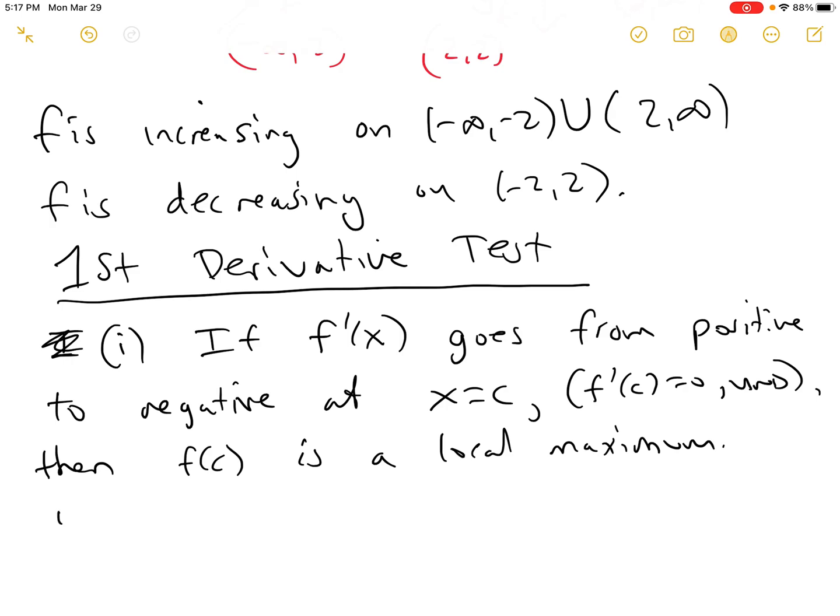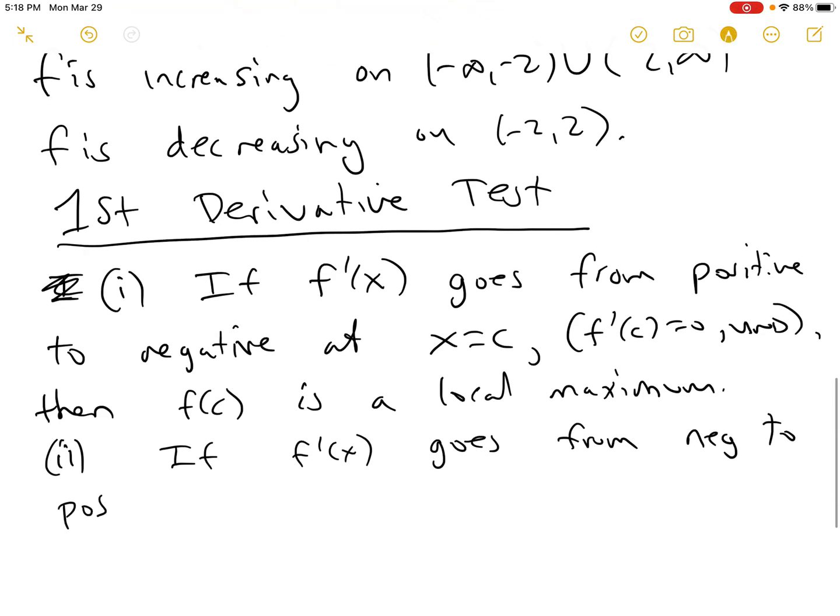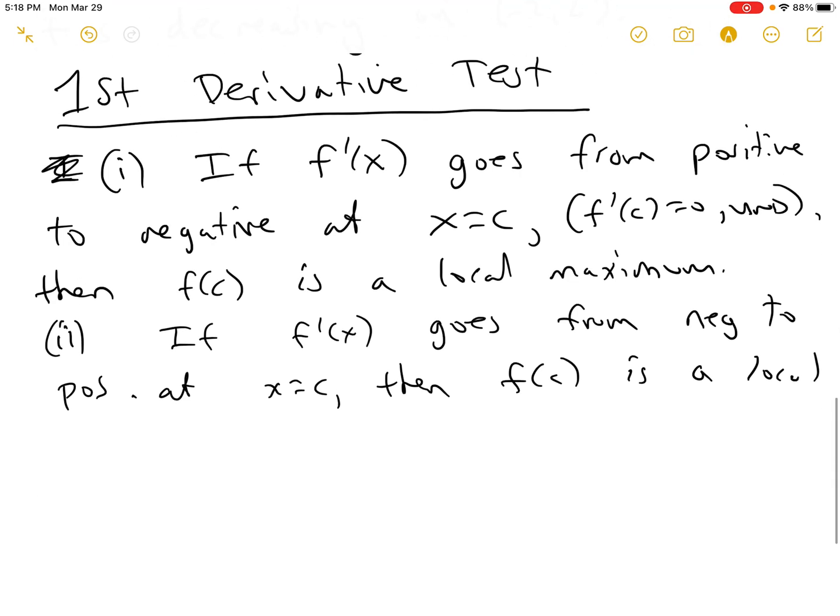Right, so in 2, if f prime of x goes from negative to positive at x equals c, again, a critical point, then f of c is a local minimum.